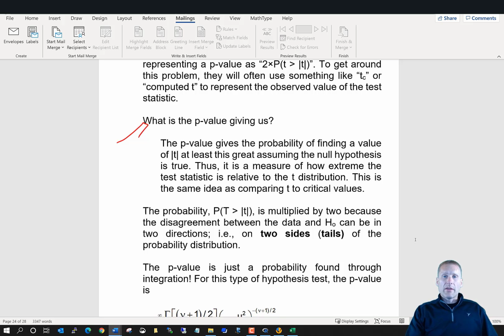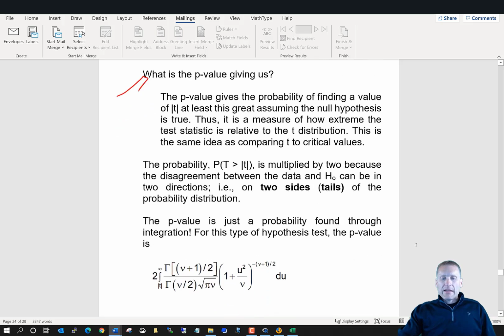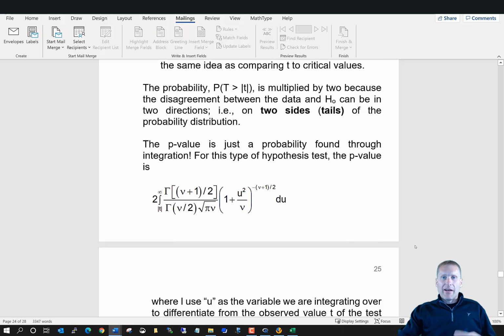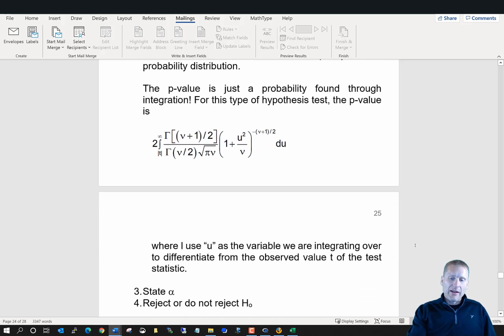Again, rather than looking at values that are on my x-axis of my plot, now I'm going to look at areas underneath the curve. That's it. Okay. Now, how else could you find this p-value? Well, you could actually do the formal integration of the t-distribution and then multiply it by 2. That's how it would be done.